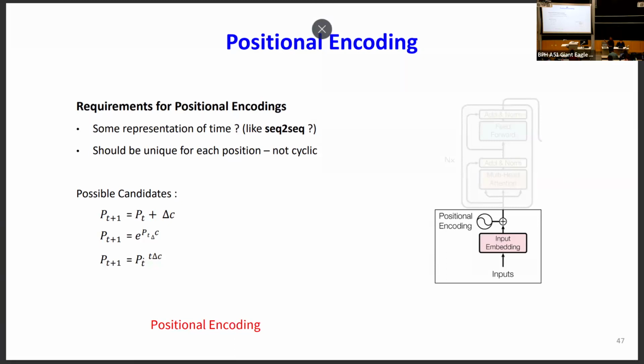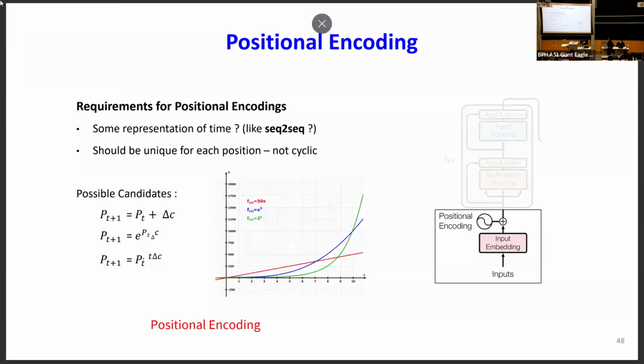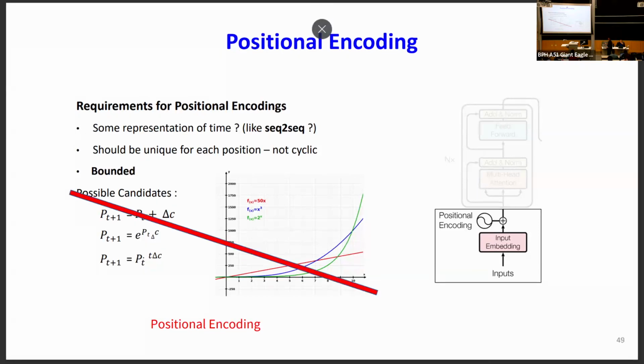But there's a problem with that, and can anyone identify what is the problem here? Yeah, correct. So these values, even though they are very simple and easy to implement, beyond a point, even for very small values like 10, they start to explode. So this will make our model unstable, and we do not want to do anything of that sort. What is the next thing we can do? We need something that is bounded in nature, right?